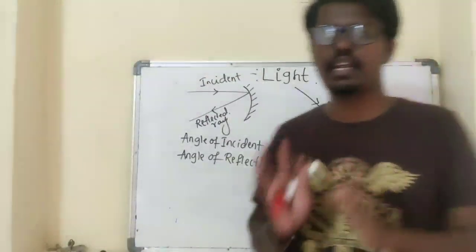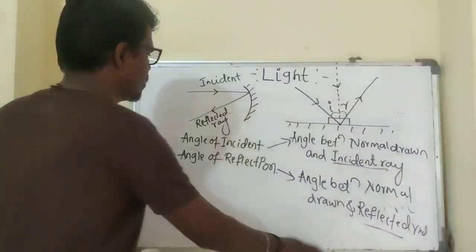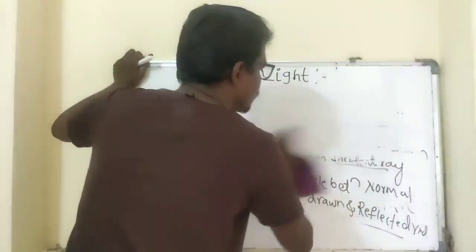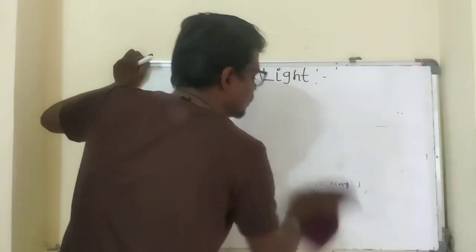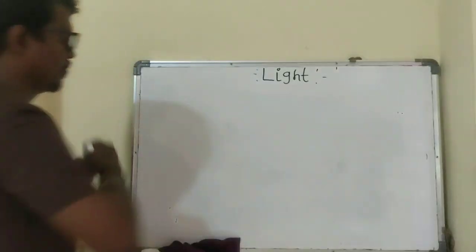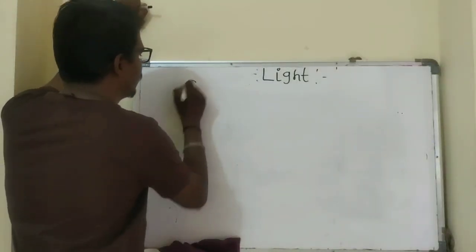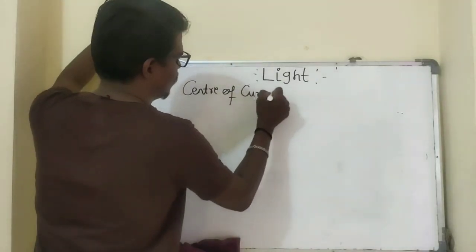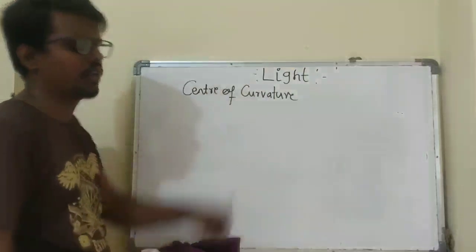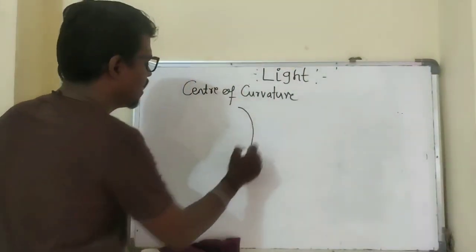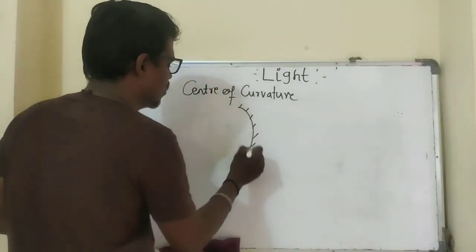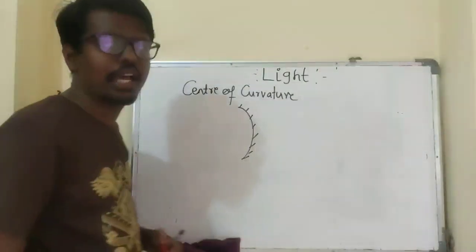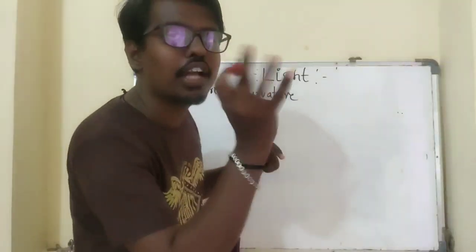Now we will see the center of curvature concept. Very important basic terms. I will take a concave mirror. Initially I told you this is a part of a spherical mirror.